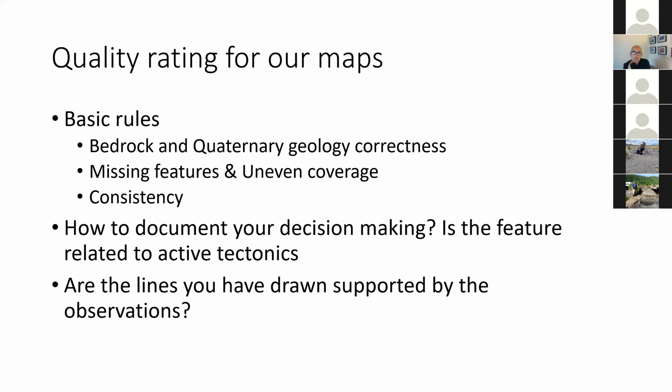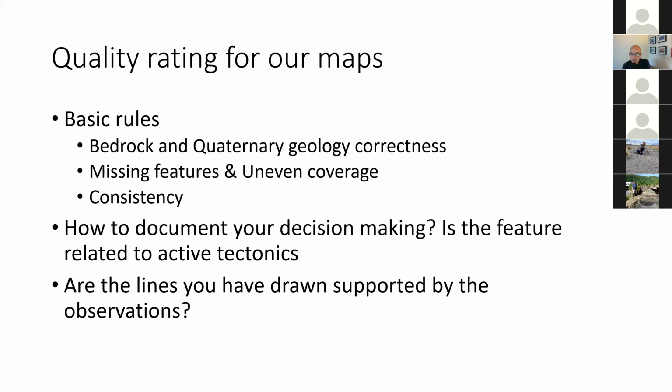We have some rules: it has to be a map that correctly portrays the bedrock and Quaternary geology. We have to have even coverage. We can't miss things or have an imbalance of coverage, and things have to be consistent. However something's done, it has to be done the same way throughout.